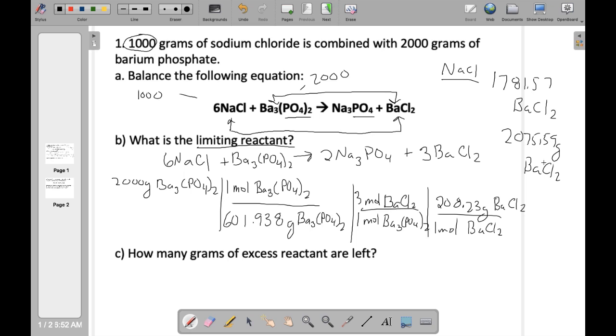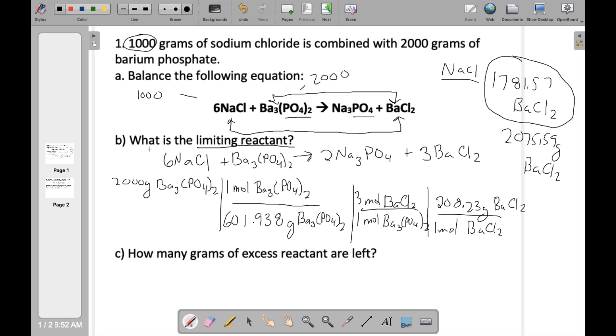So really, what this is telling me is I'm going to use up all of my sodium chloride and most of my barium phosphate, and I will produce this much barium chloride. And the rest of my barium phosphate will be left over. It will be excess. And now I have to figure out how much excess I have.